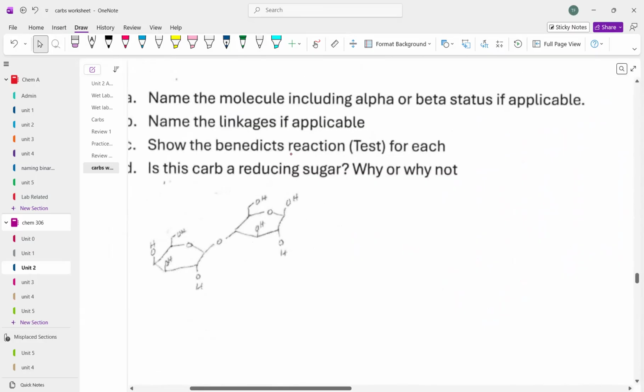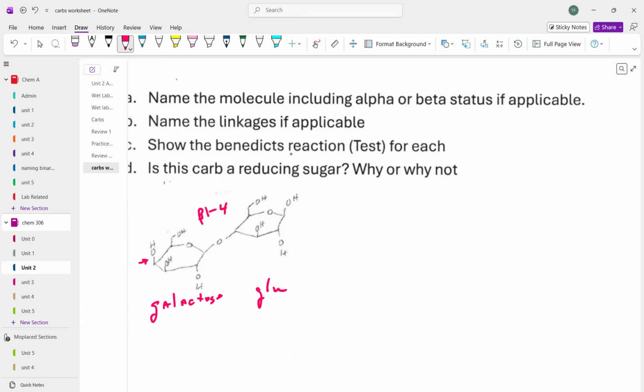Okay, this is a disaccharide, so let's identify each part. So this is going to be galactose, because that carbon number 4 OH is going up rather than down. And this is glucose over here. And this is a beta 1,4 linkage, because the original galactose hydroxyl group is going up.